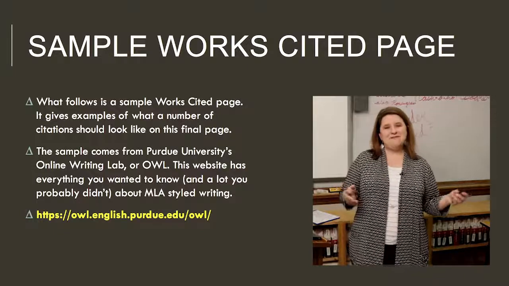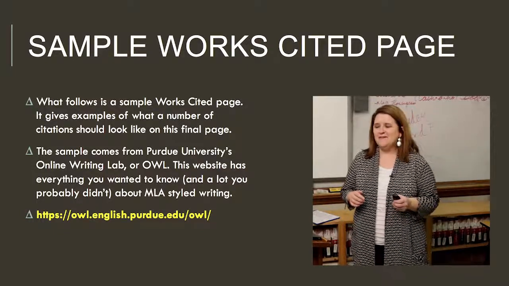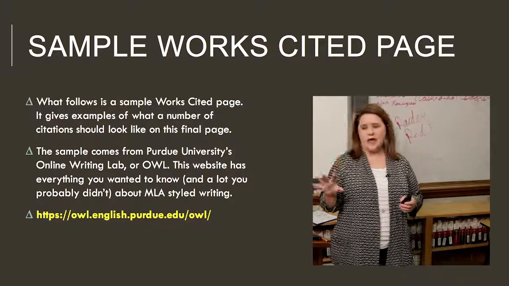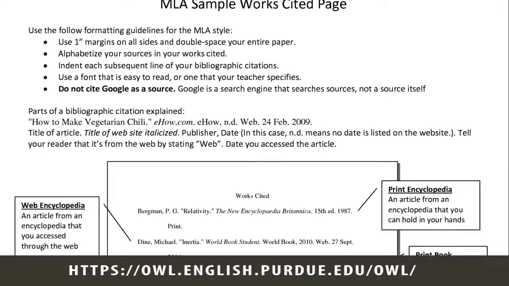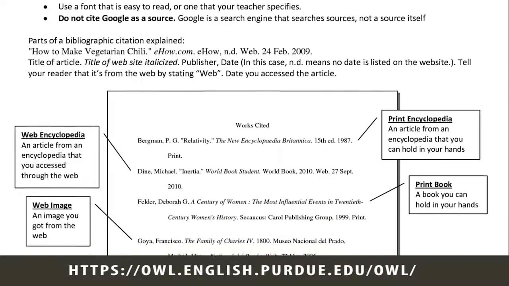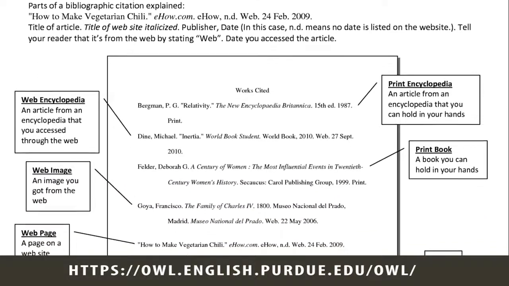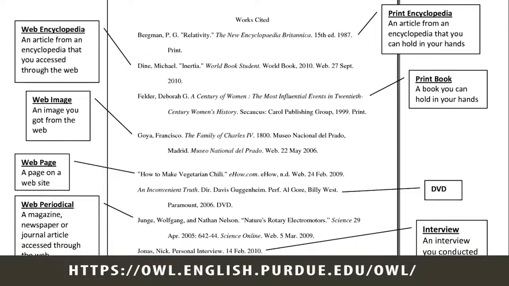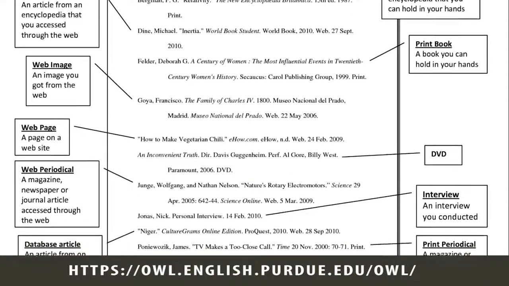What follows is a sample works cited page. It gives examples of what a number of citations should look like on the final page. The sample comes from Purdue University's online writing lab, known as the OWL. This website has everything that you ever wanted to know and probably some things you didn't want to know about MLA formatting.